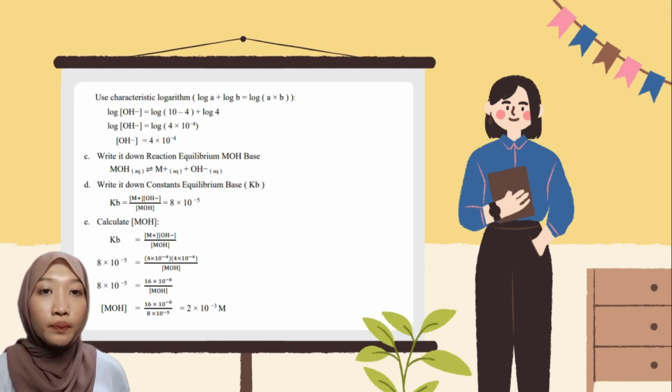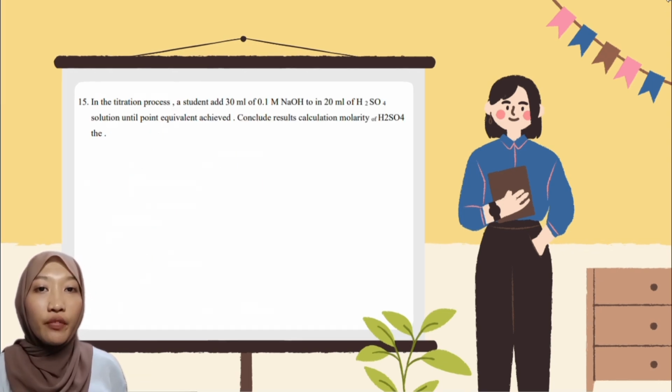So 2 multiply 10 to the power of minus 3 M equals 0.002 M. So the initial concentration of MOH is 0.002 M.